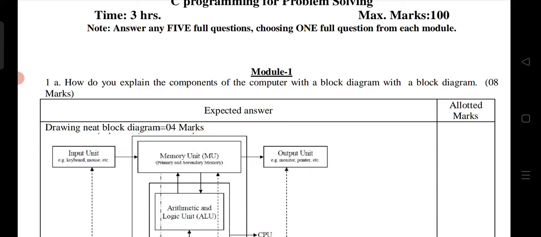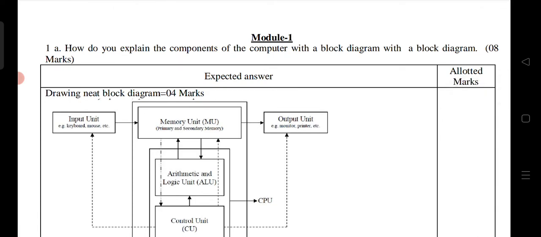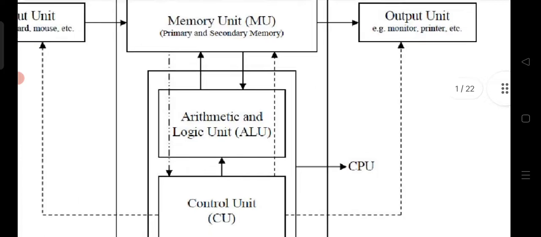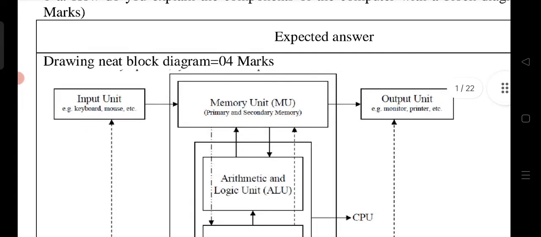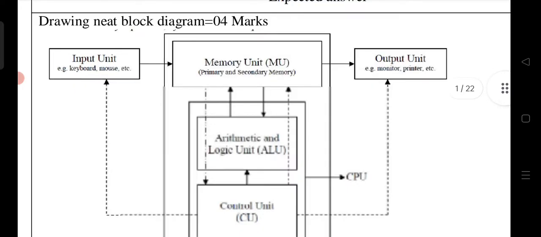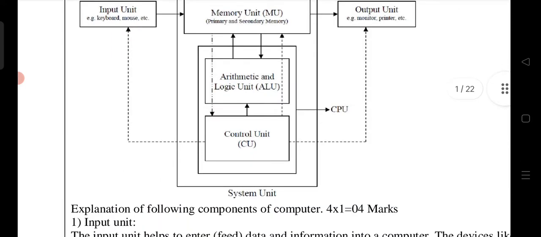So in module 1, the first question A: explain the components of the computer with a block diagram. So here for drawing a neat block diagram, 4 marks will be distributed. The student has to draw a block diagram of a basic computer structure and has to mention clearly the names of the components and the explanation of each of these components.